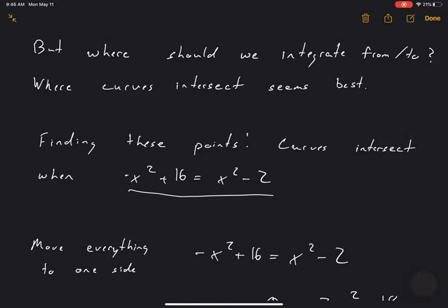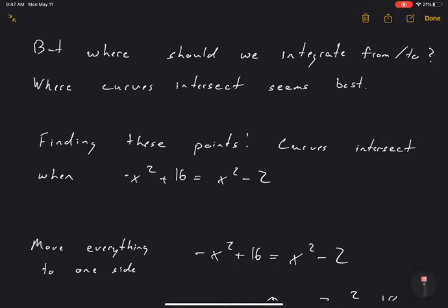Now, there's a technique here that I want you guys to use that'll make things a bit easier in the long run. And we'll see an example of why this is important at the very end. But trust me on it for now. The best way to solve for these intersection points is to move everything to one side of the equal sign.